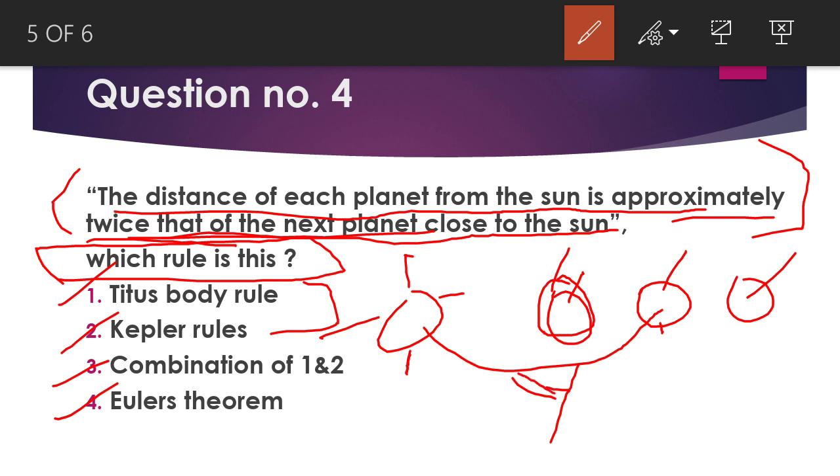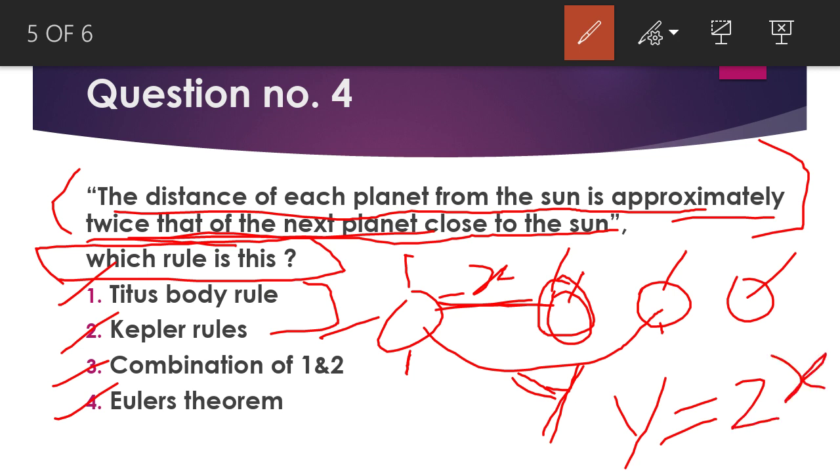So the distance y is just double the distance of this region. Let's consider this is x. So according to this rule, y is equal to 2x. The distance of each planet from the sun is approximately twice that of the next planet which is close to the sun. And this rule is known as the Titius-Bode rule.